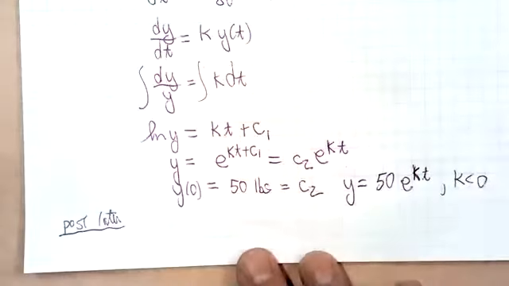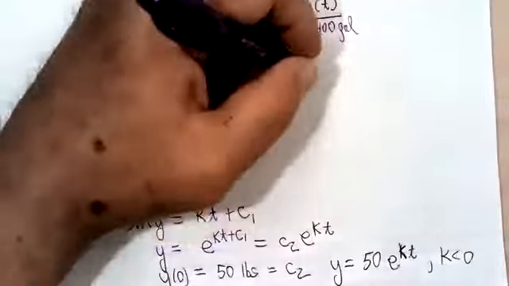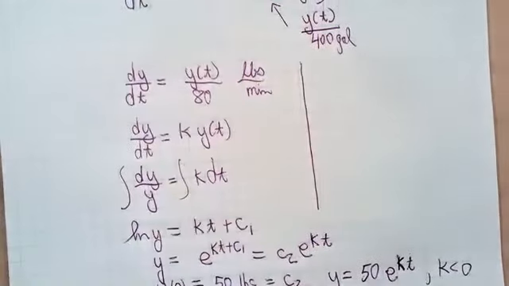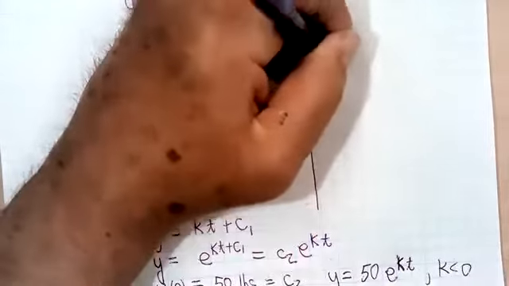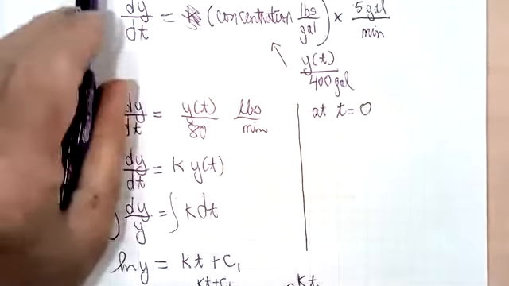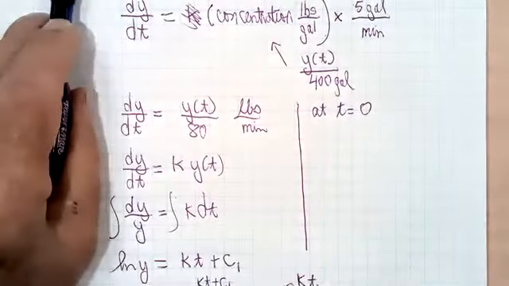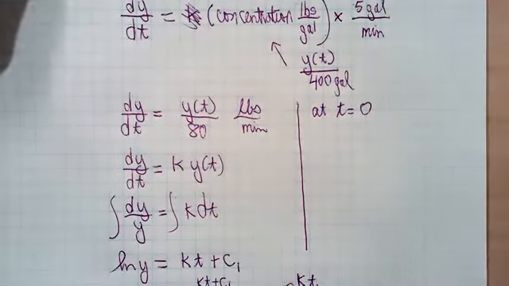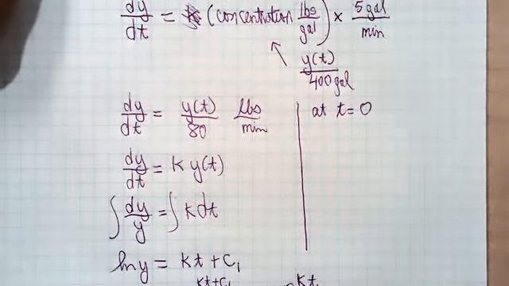Oh, I do know something. I know this, right? Think about at time t equals 0, I actually have some information. At the instant this starts, I know exactly the concentration of salt in the tank. I know that I have 50 pounds. This is easier than I thought.